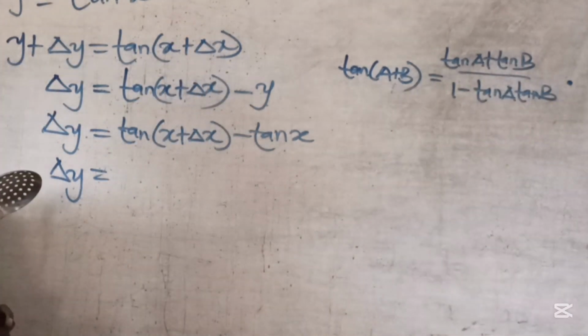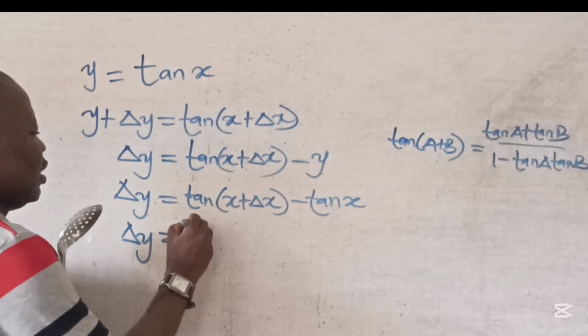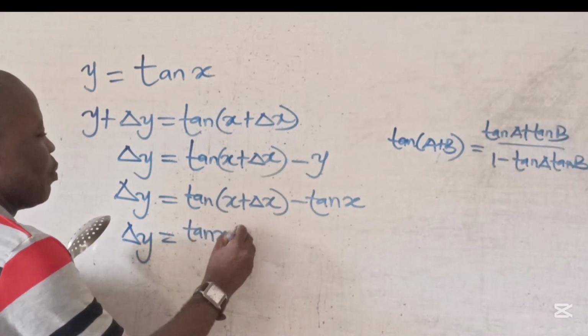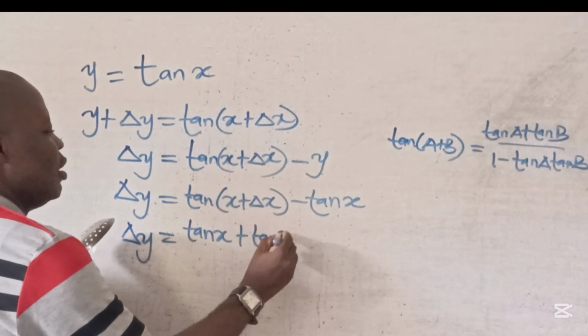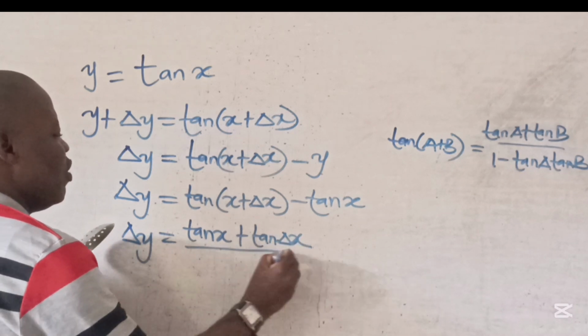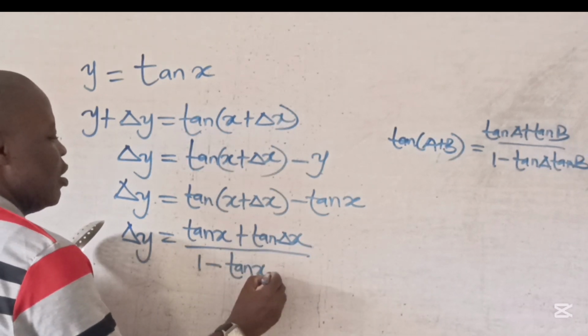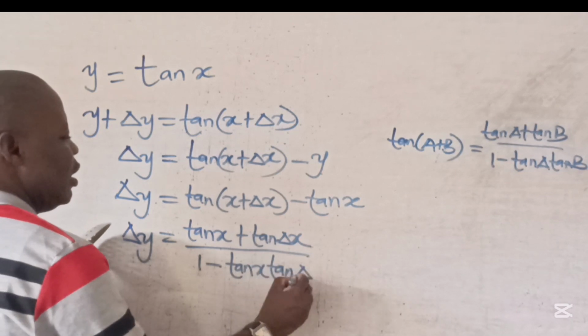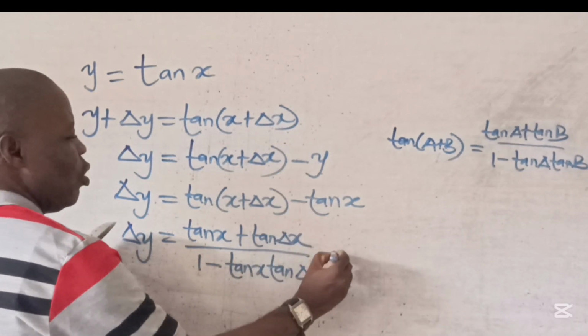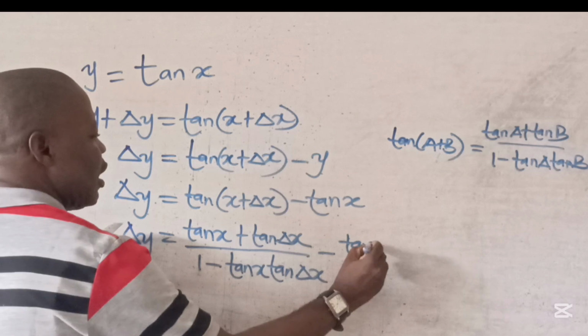So in this case, what we are going to have is tan x plus tan change in x over 1 minus tan x tan change in x. Remember, we still have this one, so minus tan x.